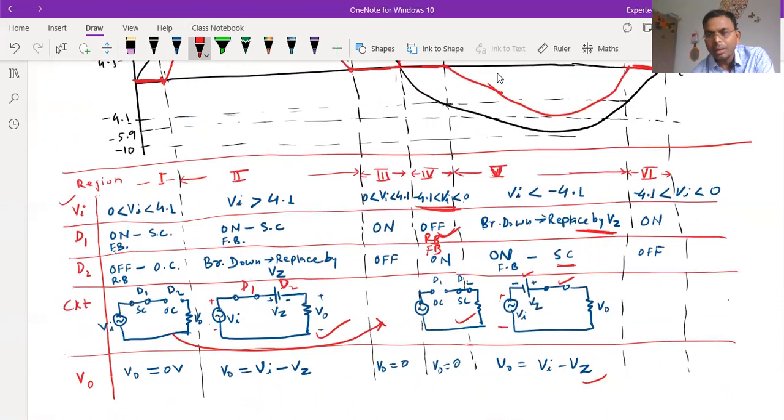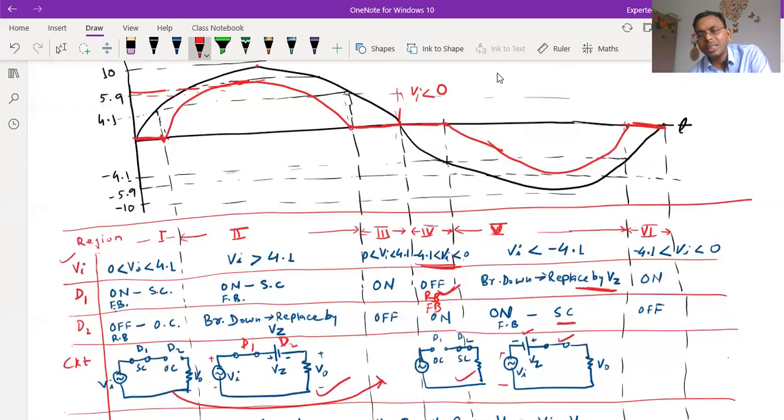D1 will be on because the voltage is between 0 and minus 4.1. So diode D2 will be on because it is forward bias, and D1 will be off because it is reverse bias and not conducting beyond the breakdown voltage. That's why it is just off.